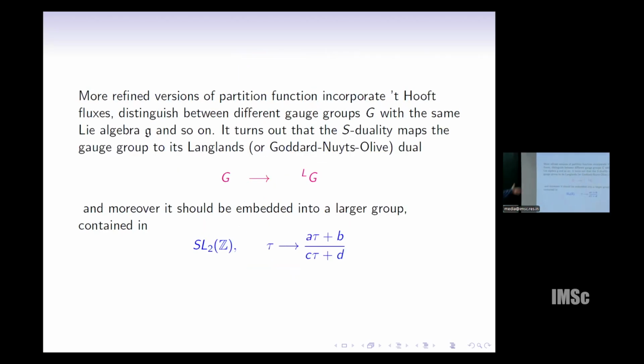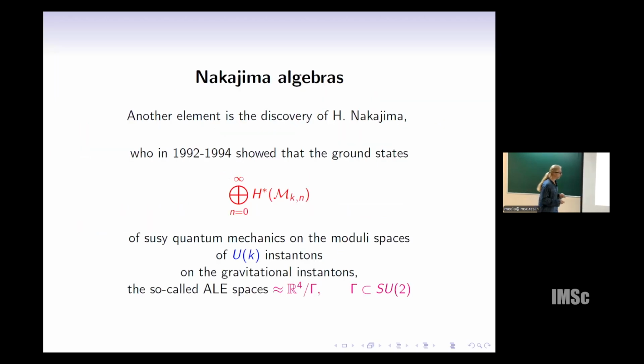The thing is that this duality can actually be embedded into a larger group, which is the subgroup of the group of 2x2 matrices with integer coefficients, which act on this parameter tau by fractional linear transformations with integer coefficients. And if you're a mathematician and you see such transformations, then you immediately understand that this parameter tau is actually a modular parameter of an elliptic curve.